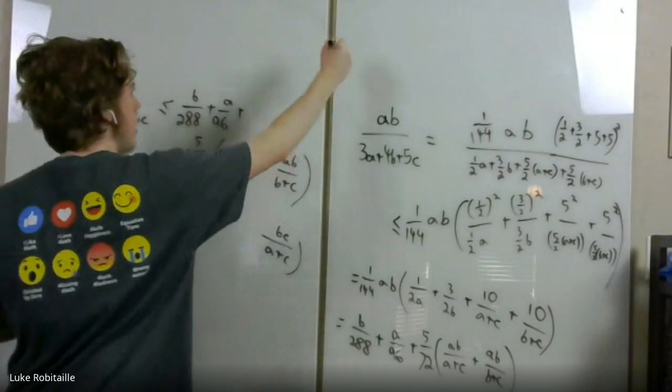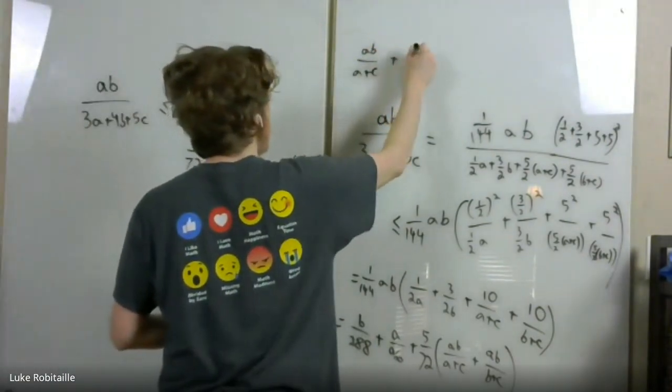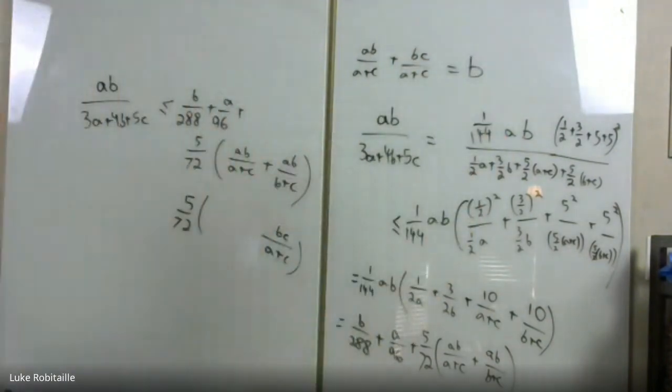And look what we have: AB over A plus C plus BC over A plus C. That's just B, meaning all the fractions just cancel out.